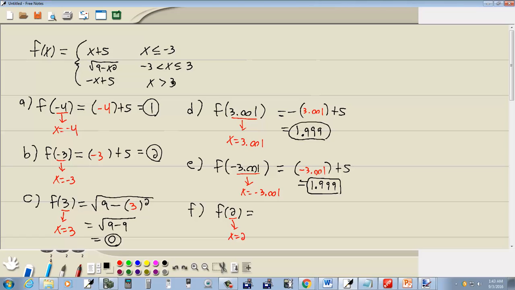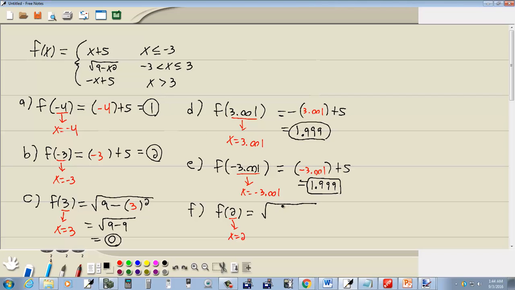No, it isn't. If I put 2 in my last condition, is 2 greater than 3? No, it isn't. If I put 2 here, is 2 between negative 3 and 3, including 3? Yes, it is. It's between these two numbers, which means it's true in my second condition, which means I plug it into my second piece here.